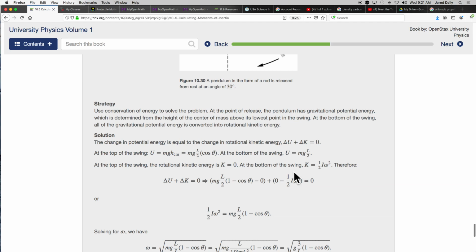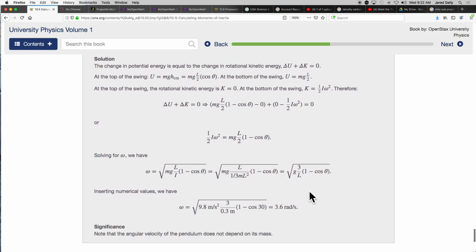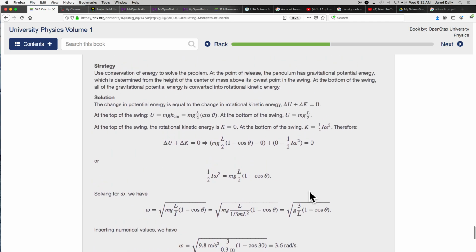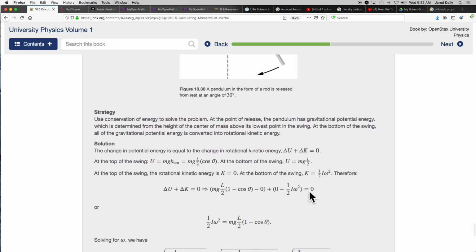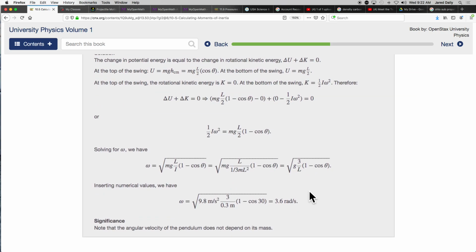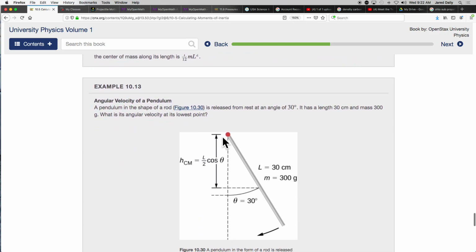When you do this equation, you have two kinetic energies, the I omega squared and the... let's see, where did they put it in? Oh, actually, there's no linear kinetic energy because this side is not moving, so it is just rotational kinetic energy.